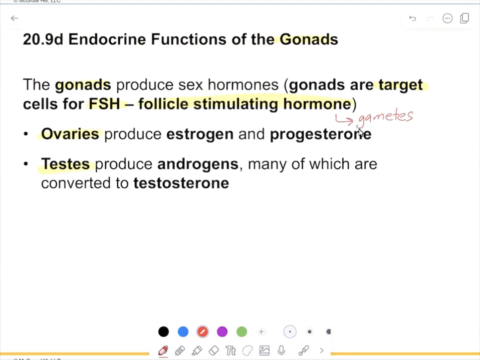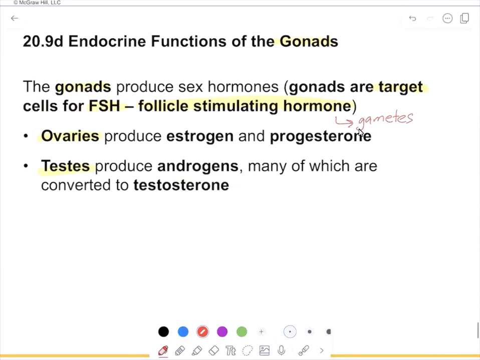In the case of LH, we can see that it also affects the ovaries as well as the testes. In the ovaries, it causes ovulation as well as the production of estrogen and progesterone.